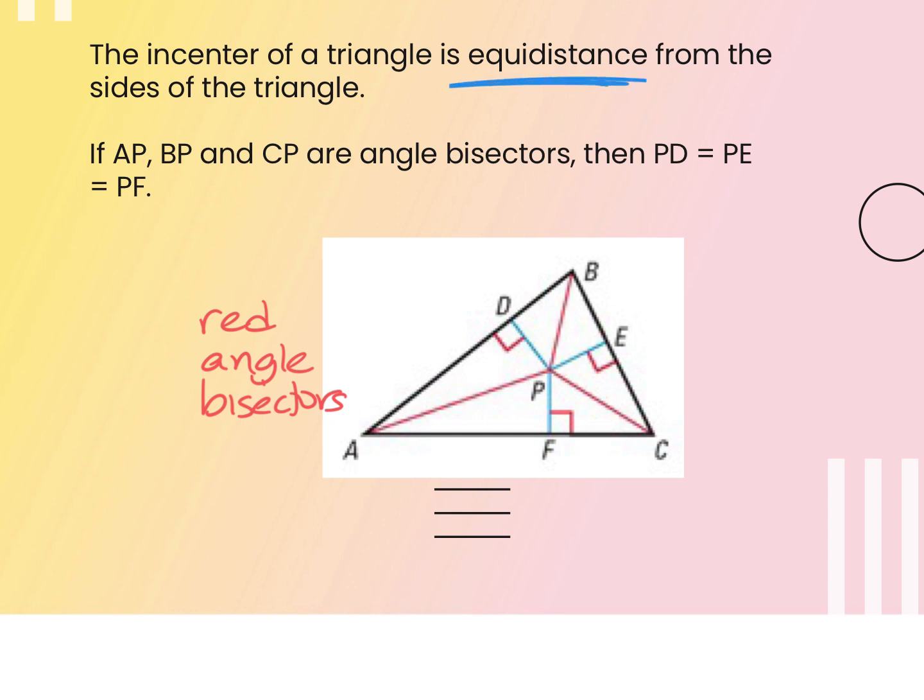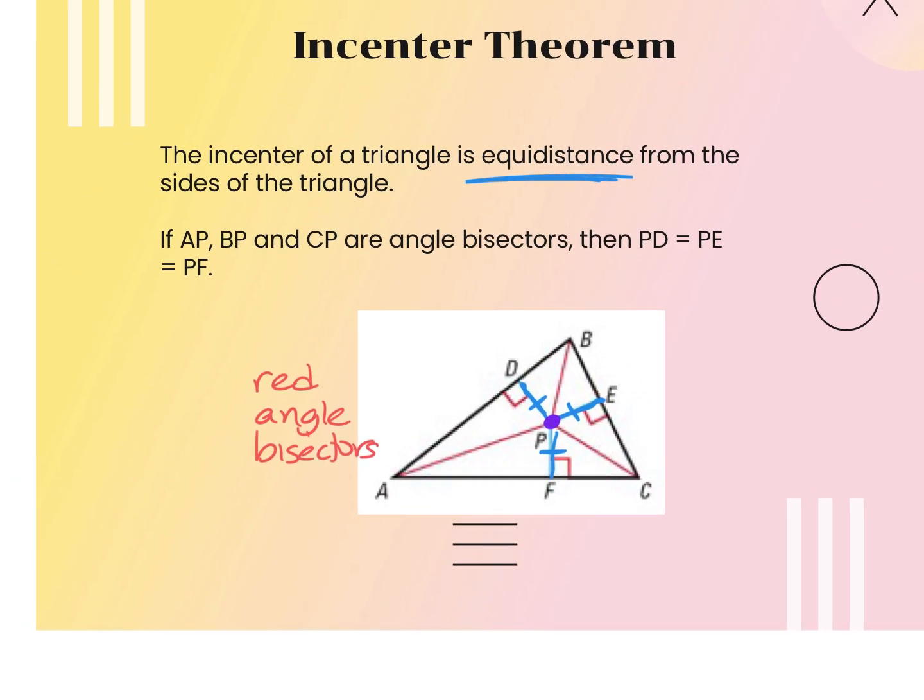So in this picture, PD is congruent to PE, which is congruent to PF. The point of concurrency where all of the red lines are meeting is called the incenter. And from that incenter, I can draw little segments going out to the sides that are all going to be the same length. And those are the equidistant segments.